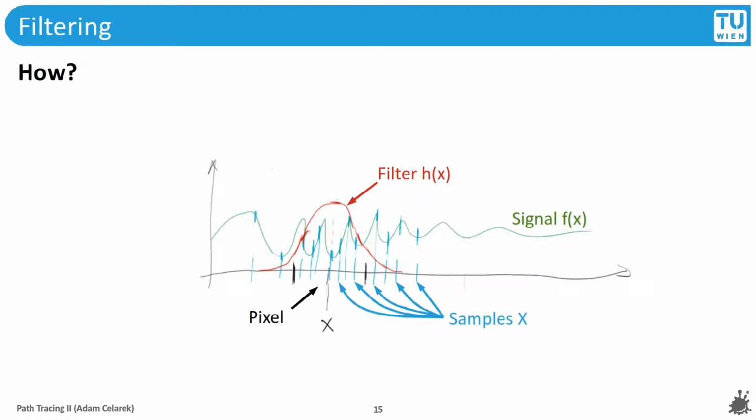We see that the center of the filter is placed over the current pixel. This is like we wanted to compute the value of F convolved with H at this position. And now we take samples of F times the filter H. Samples close to the pixel center will have a larger contribution than samples away from the pixel center.